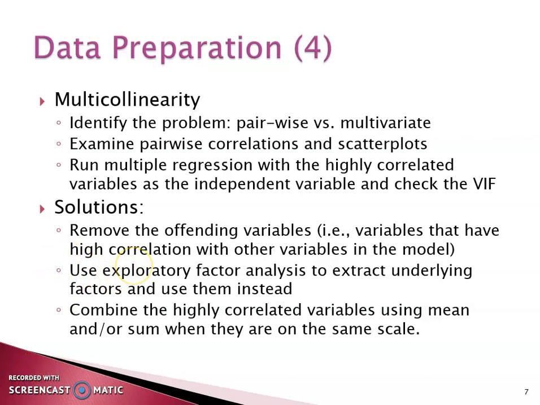Second, use exploratory factor analysis to extract the underlying factor from those highly correlated variables and use the factor scores in the model to replace those variables. If those highly correlated variables share the same scales, you can combine them by finding their mean or their sum and use the mean or sum values to replace them in the analysis.